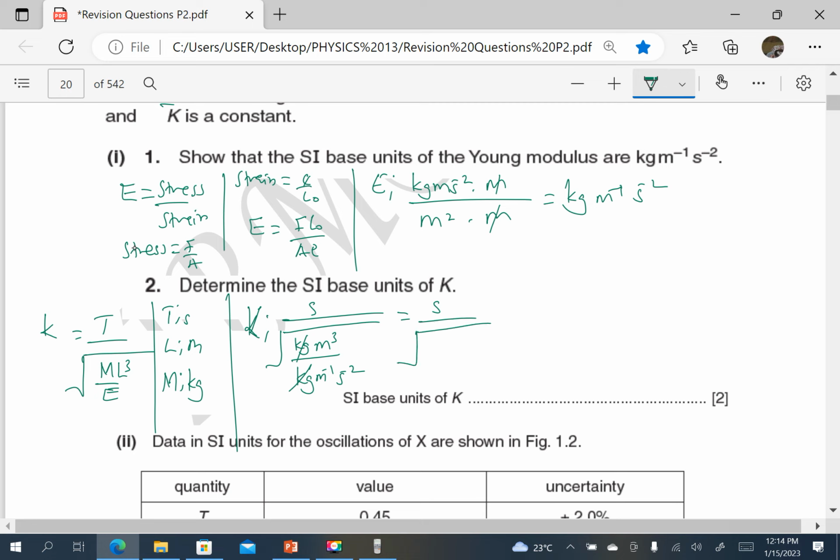This is square root of m power 3 over m power 1. That is m power 4. Then 1 over s power negative 2, it becomes s power 2. When I find the square root, I have s over square root of m power 4 is m power 2, square root of s squared is s. So s has cancelled. So I have 1 over m squared. And 1 over m squared is m power negative 2. So this is m power negative 2.